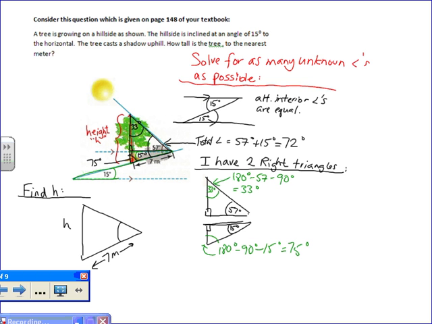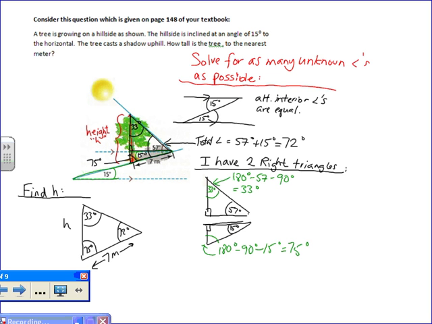So I'm really just sketching this one triangle that I have. I've got 33 degrees at the top. At the bottom, I have 75 degrees. And we figured out what this angle was here. 57 degrees plus 15 degrees is 72 degrees. And I could go ahead and just add those three together, make sure that equals 180 degrees, and it does.